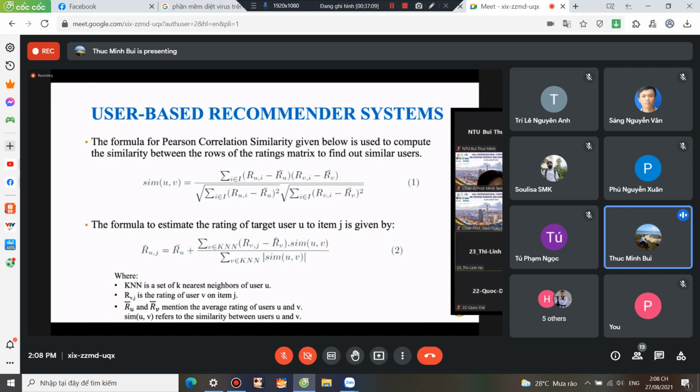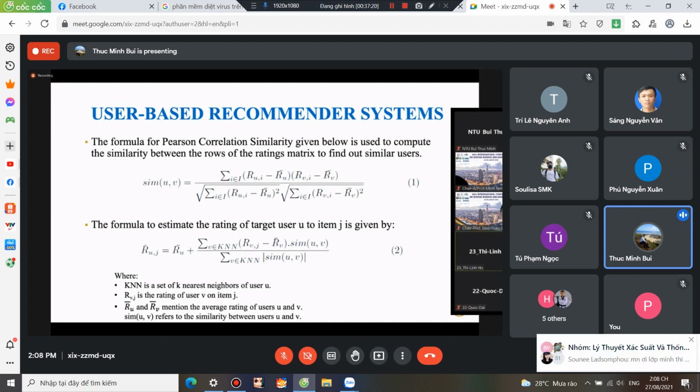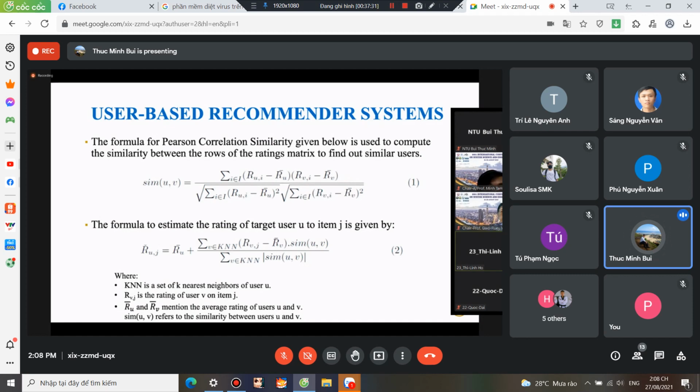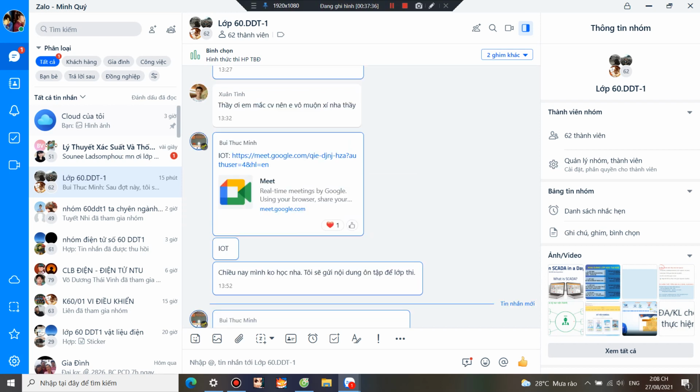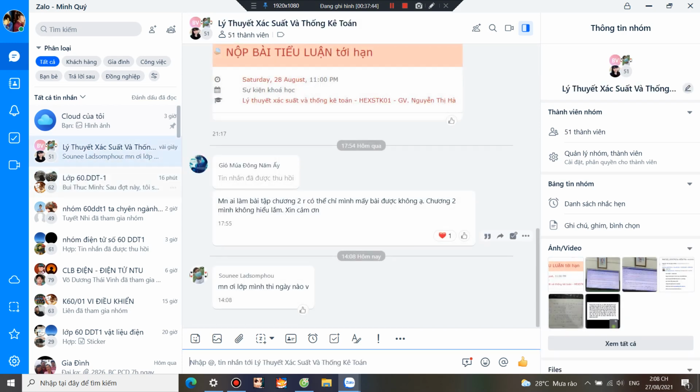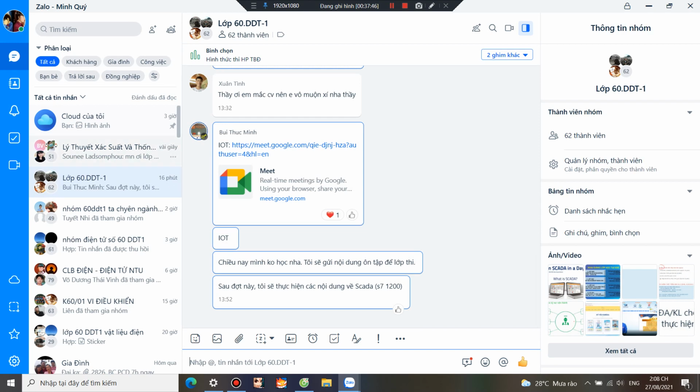The formula to estimate the rating of target user U for item J is given by, you can see two formulas on this line, where KNN is the set of K nearest neighbors of user U. RVJ is the rating of user V on item J. R bar U and R bar V denote the average ratings of users U and V. Sim(U, V) refers to the similarity between users U and V.